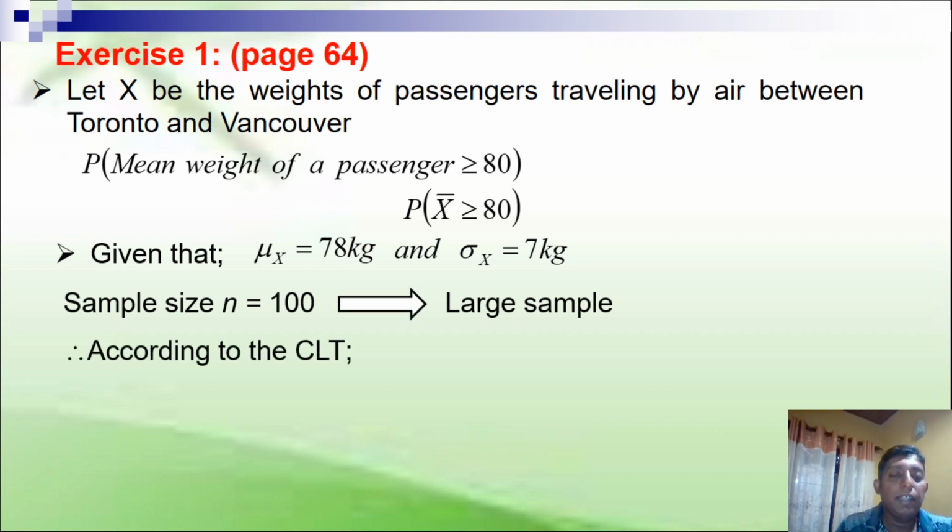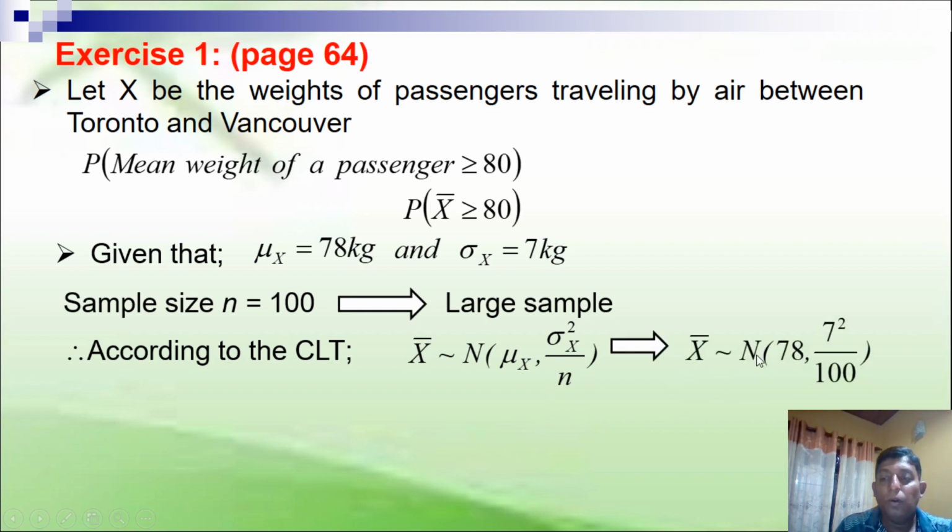Therefore, according to the central limit theorem, we can say that X bar also follows a normal distribution with the same mean 78 kilograms, and the variance of X bar is, just divide the variance of individual weights by the sample size. Therefore, X bar follows a normal distribution with mean 78 and variance 7 to the power 2 over 100.